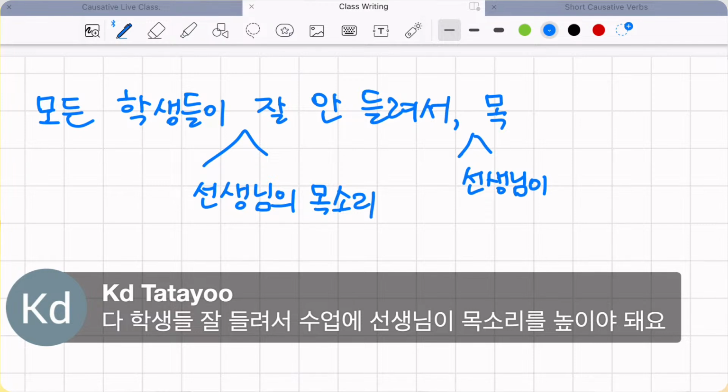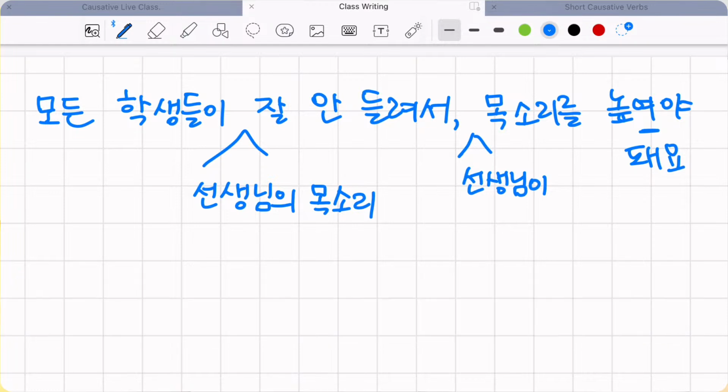The rest of the sentence is correct except for the typo. 높여야 돼요. 목소리를 높여야 돼요. You can use 여 because 어야 하다, right? The verb has to be conjugated when used with 어야 하다.